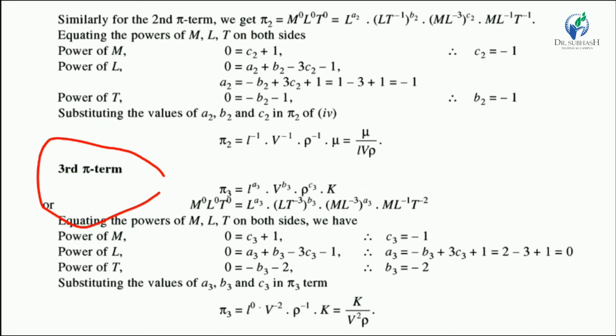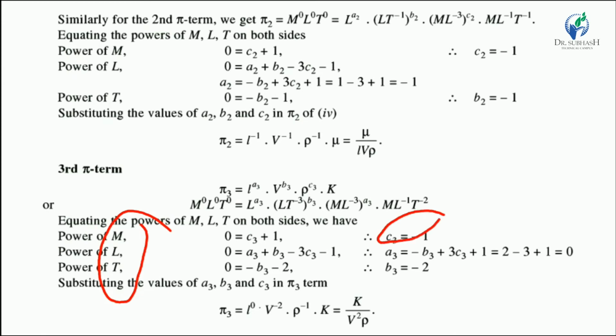Similarly, the procedure is followed for the third pi term. All variables of the third pi term are written in the form of MLTs first, and then we compare the powers of M, L and T and find the values of the arbitrary powers A3, B3 and C3.